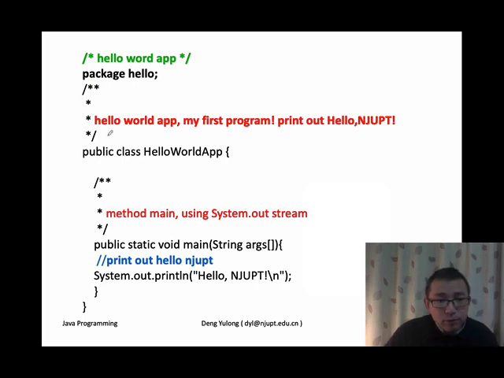And the red one is the Java documentation comment. We use slash double asterisk, and end with asterisk slash. It's the same otherwise. So this first Java documentation comment says hello world app, my first program, prints out something. This is for describing the class, the HelloWorldApp class.